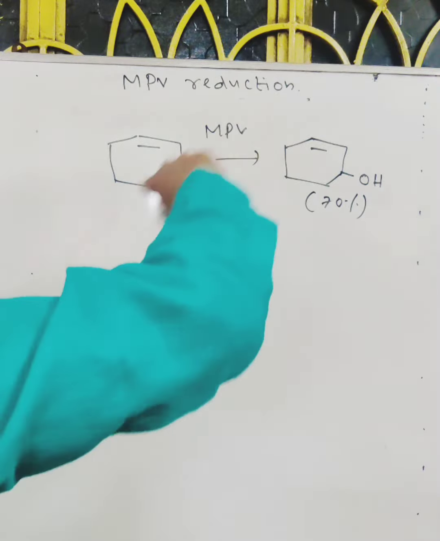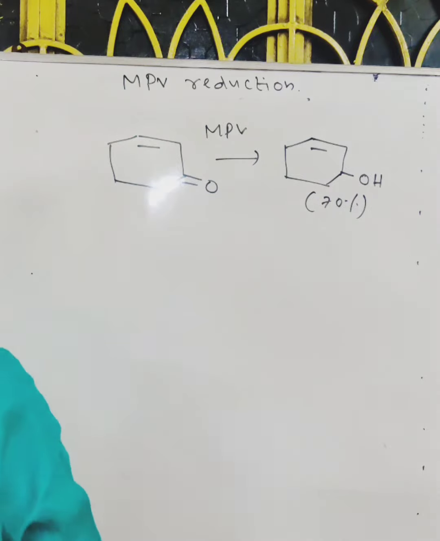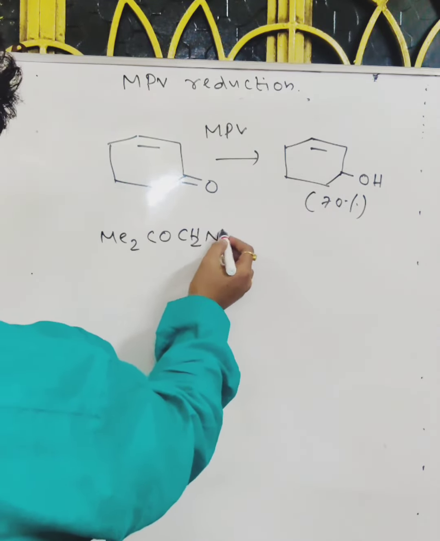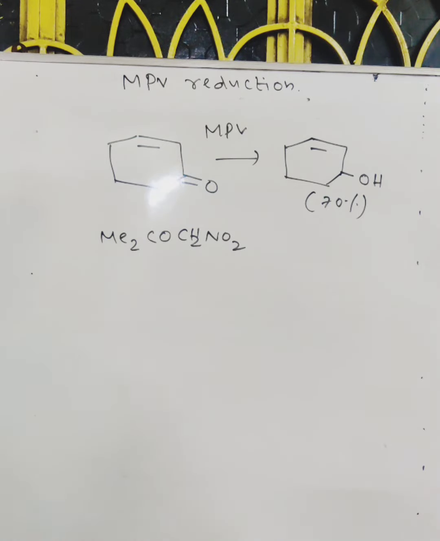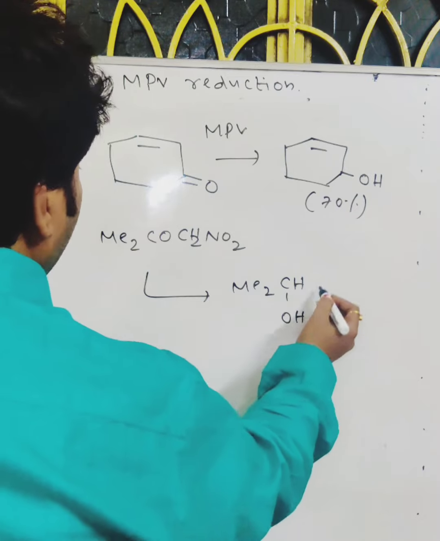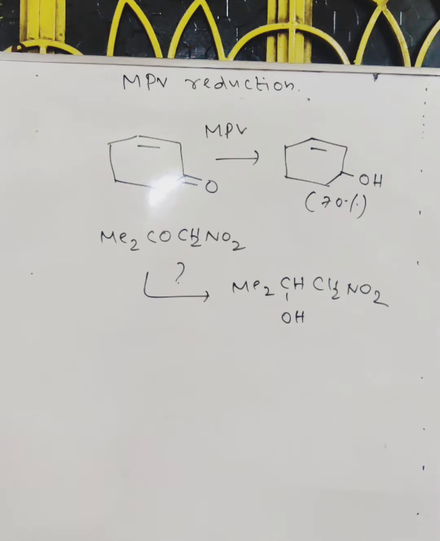Successful reaction, obviously. Similarly, suppose I have another reducible group, something like this, Me2CO CH2NO2. Think about it. You want to convert it to Me2CHOH CH2NO2. Again, what will you use here?